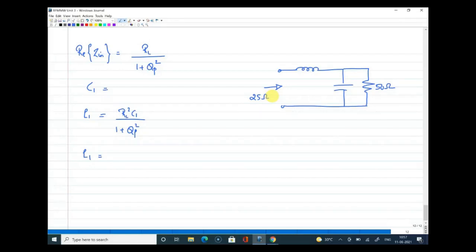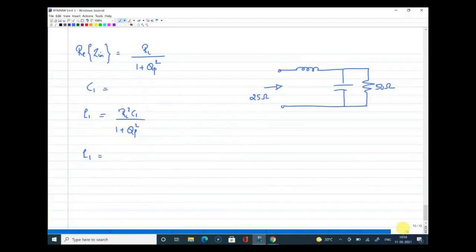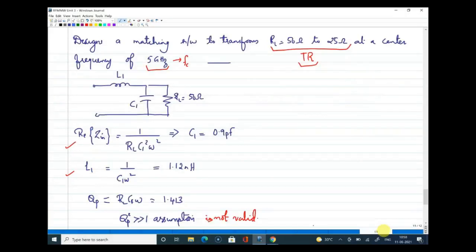Any answers for that? Please let me know the value of C1 and L1.